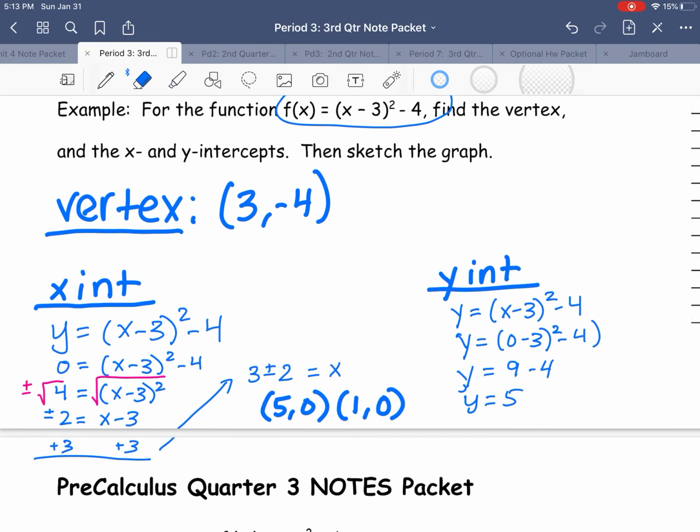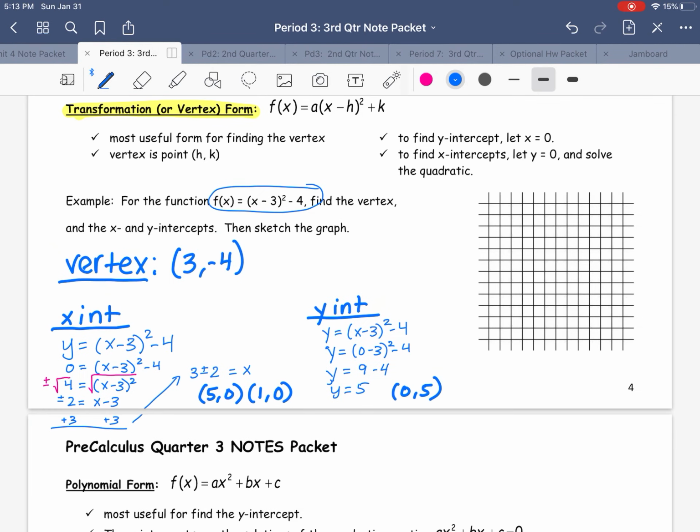And then I'm going to write it as an ordered pair. So (0, 5). So now I've got some important points. I'm going to come over to my graph and draw it in. I am going to draw in an xy axis because this graph did not come with one. And I'll start off by plotting my vertex, (3, -4).